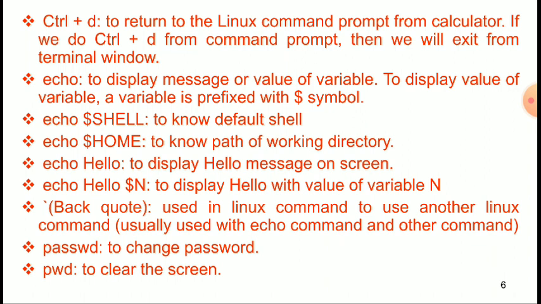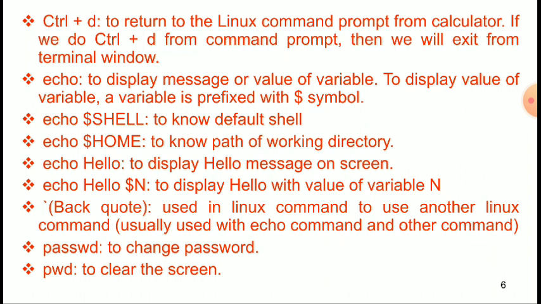Next command is echo. Echo means to display a message or the value of a variable. To display the value of a variable, it is prefixed with a dollar symbol. That is the echo command. Next command is echo $SHELL, that means to know the default shell.